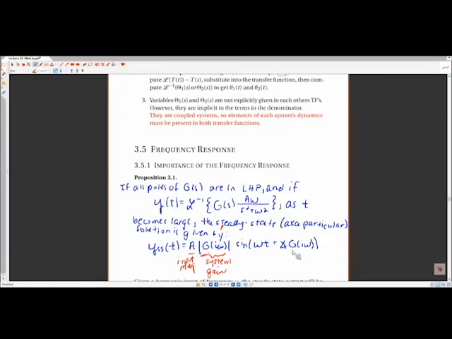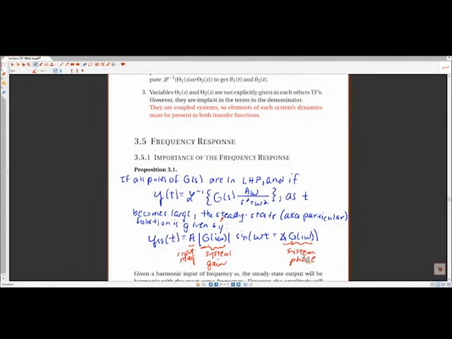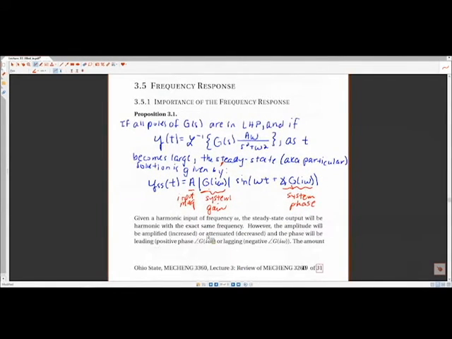The phase angle of G(i omega) is the system phase. These labels are just to help you label these in your notes. I ran out of room, so I'm going to erase these so I can write out the definition.